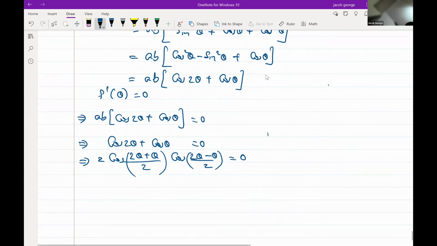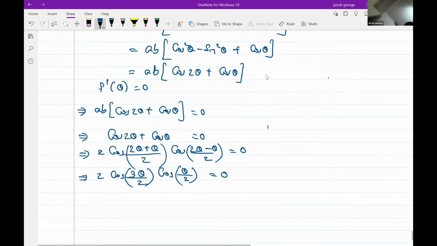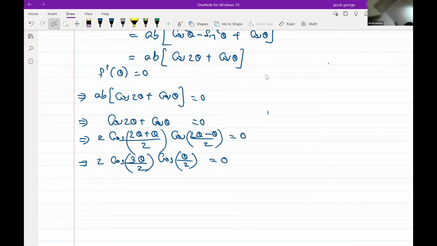So it comes like this, 2 cos 3 theta by 2 into cos theta by 2 is equal to 0. So the product is equal to 0 means either the first factor is equal to 0 or second factor is equal to 0. So either cos 3 theta by 2 is equal to 0.